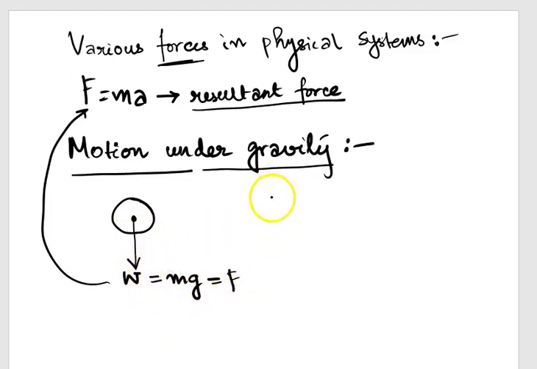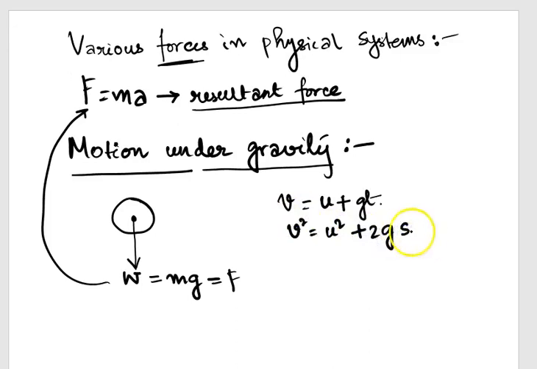If I look back again at an object falling vertically downwards: v equals u plus gt, v squared equals u squared plus 2gs, where s represents the displacement, and s equals ut plus half gt squared.